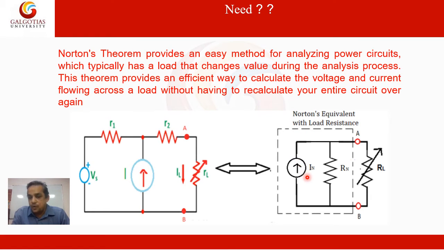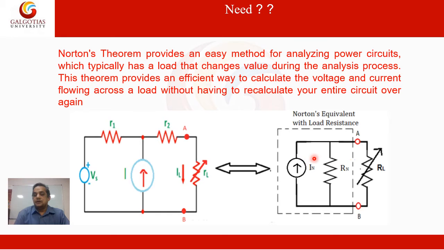There is one current source and one Norton resistance. It means this circuit is converted into one Norton equivalent, with one current source in parallel with one resistance, which is the Norton resistance. Now after that we reconnect the load resistance and find the value for any value of RL. It is a very easy method to calculate the current flowing in RL.